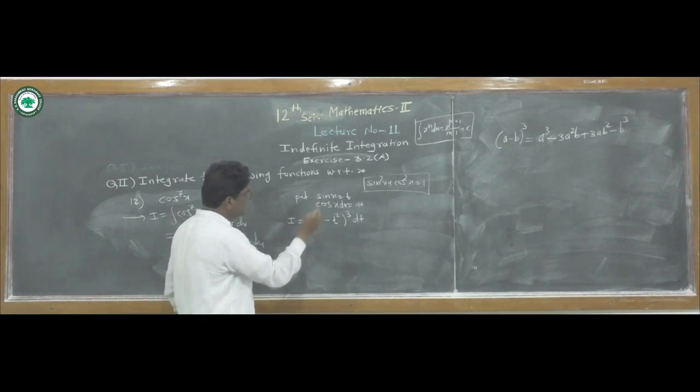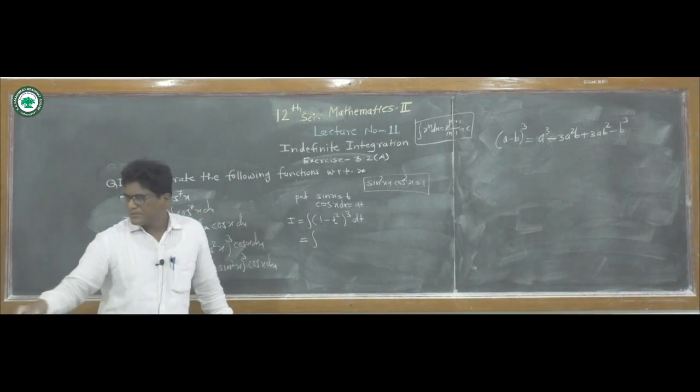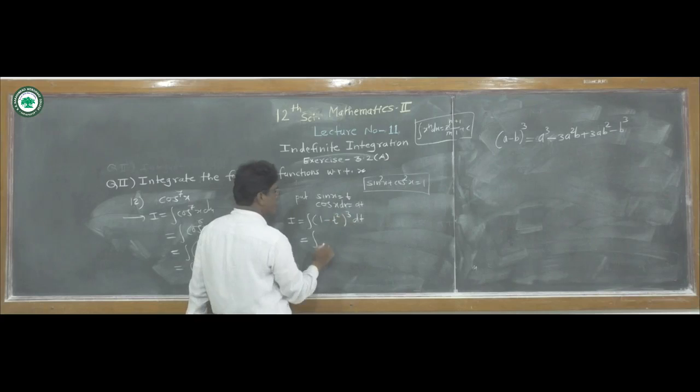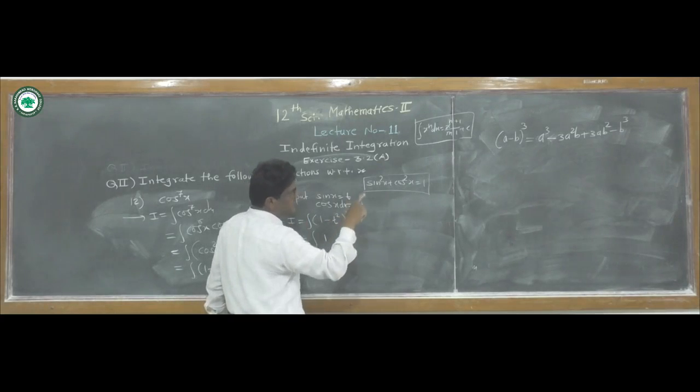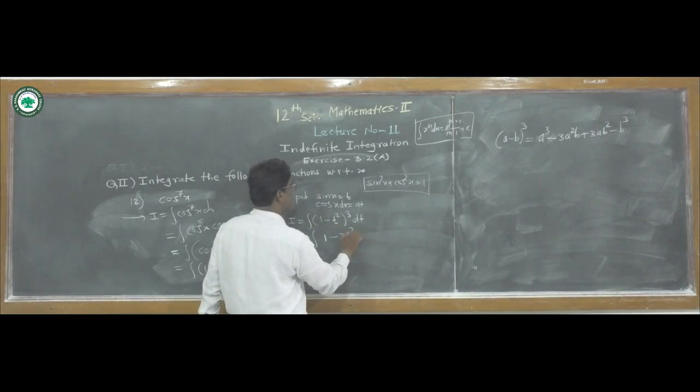Now using that formula, it is equal to integration of a cube means first term cube, 1 cube is 1, minus 3a square b, so minus 3 into 1 square is 1 and t square as it is.